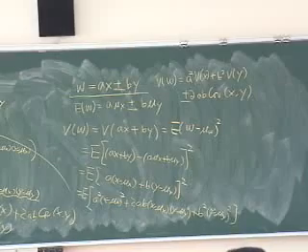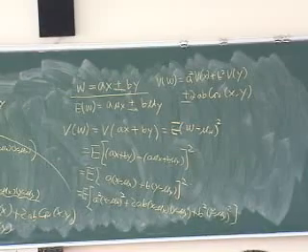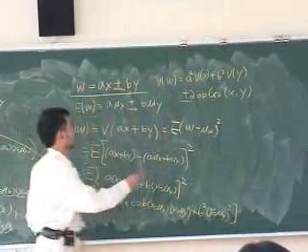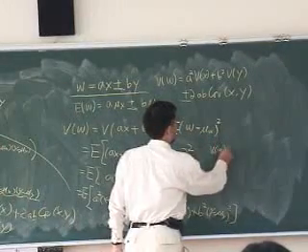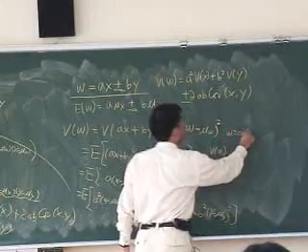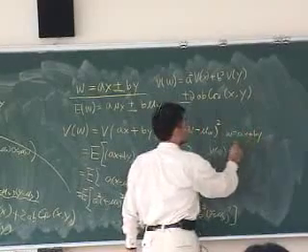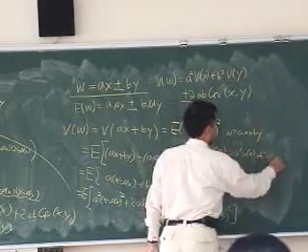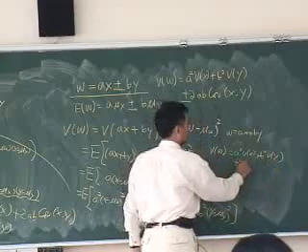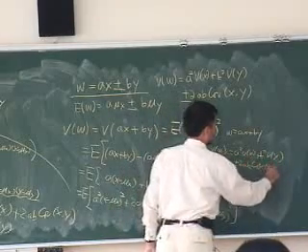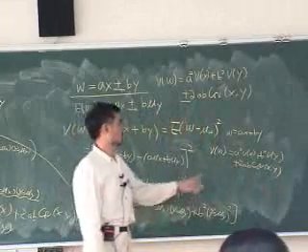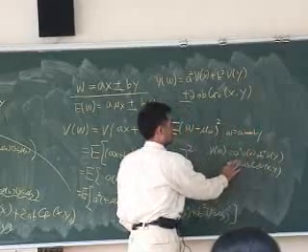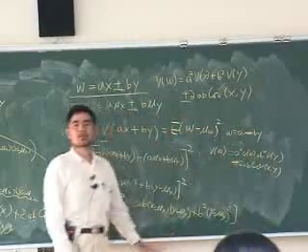Next week, I'm going to get someone up here to show this is the case. I already showed you VW when W is equal to AX plus BY, you get A squared VX plus B squared Vy plus 2AB covariance XY. Next week I'm going to get someone to show me that if it is minus, here it is minus.